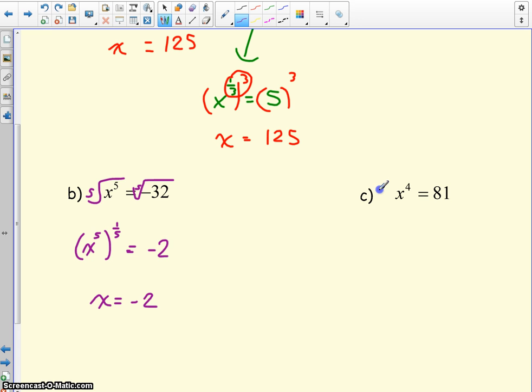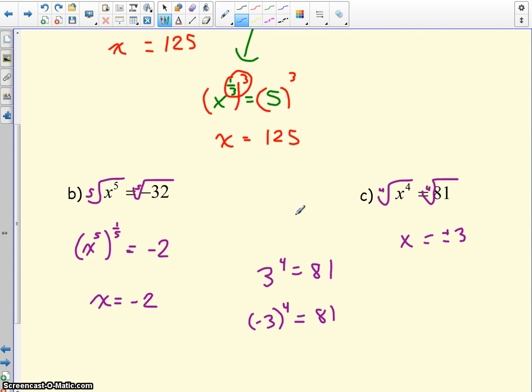The fourth root of 81, when you're solving this equation, is going to give you plus or minus 3. The way you want to think about it is, if we had the equation x to the fourth equals 81, 3 to the power 4 equals 81, which we all know. But because it's an even exponent, if we did negative 3 to the exponent 4, that negative would become positive, so you get positive 81 as well.